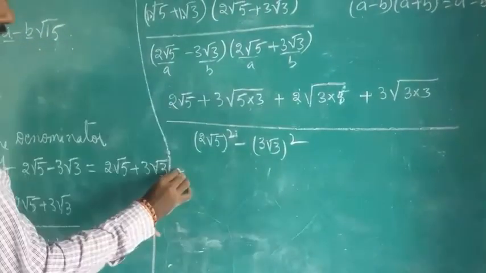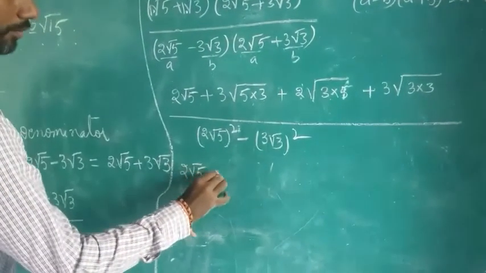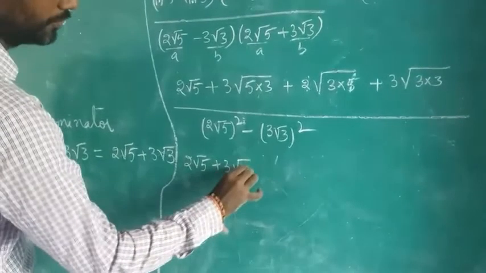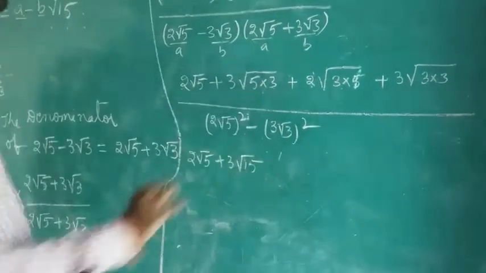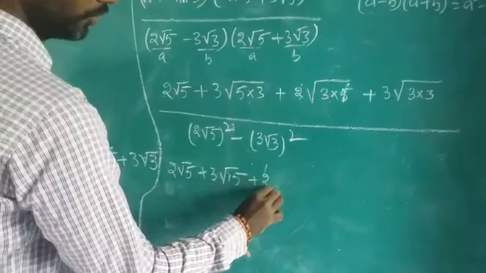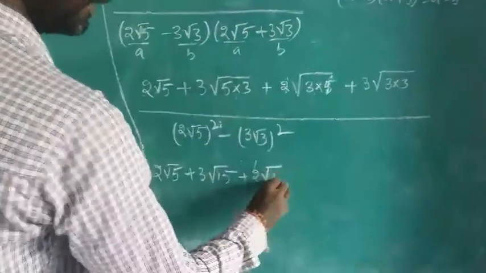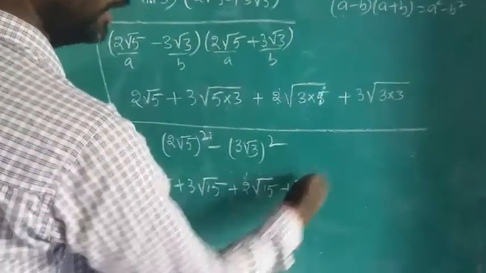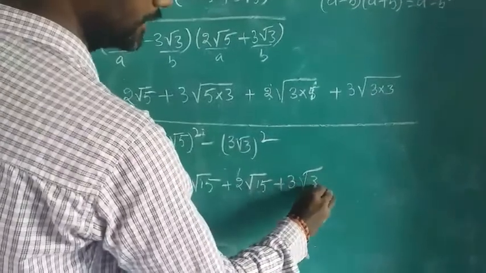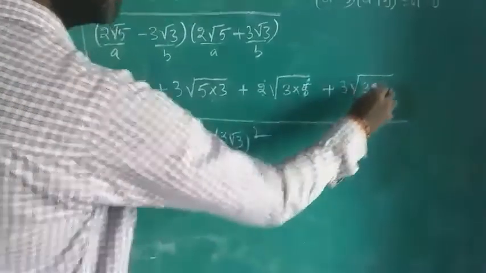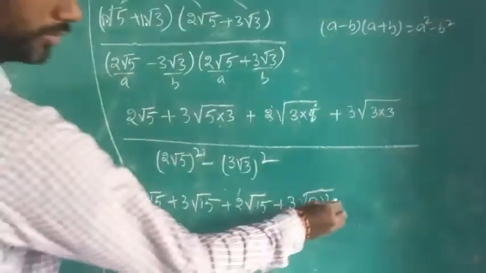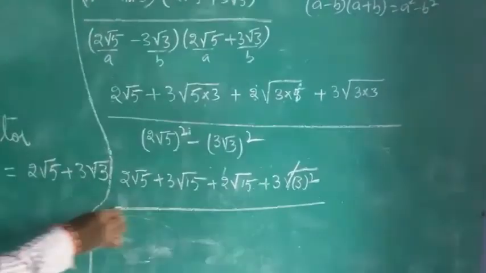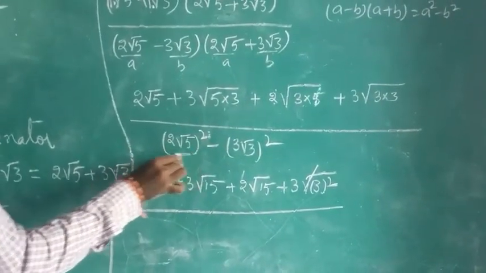Now let me write this. 2 root 5 plus 3 root 15, 5 is 15, plus 2 root 3, 5 is 15, plus 3. This you can cancel. 3 square you can write. 2 times are there or not? So square and root get cancelled. I am going to cancel. Now this is very important. You might get confused.